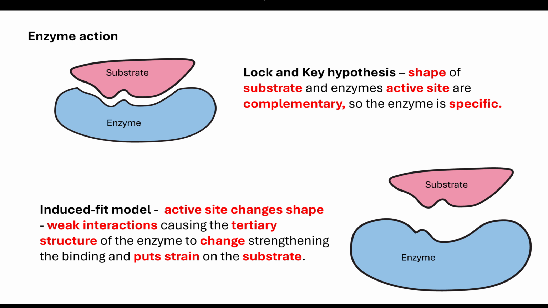So as the substrate comes and collides with the enzyme, because of these weak interactions, they actually cause the tertiary structure of the enzyme to change, and that is going to strengthen the binding between the enzyme and the substrate, and that is therefore going to put more strain on the substrate, therefore reducing that activation energy.